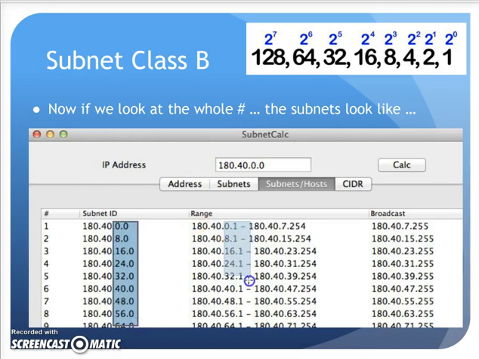Right here in the middle, 0.1, 8.1, 16.1, 24.1, 32.1, and so forth. We were just focusing in on those last two octets. The calculator's plugging in all 4 octets for you so you can see an IP address that is 180.40.8.2 is in this range, so it would belong to this subnet over here.